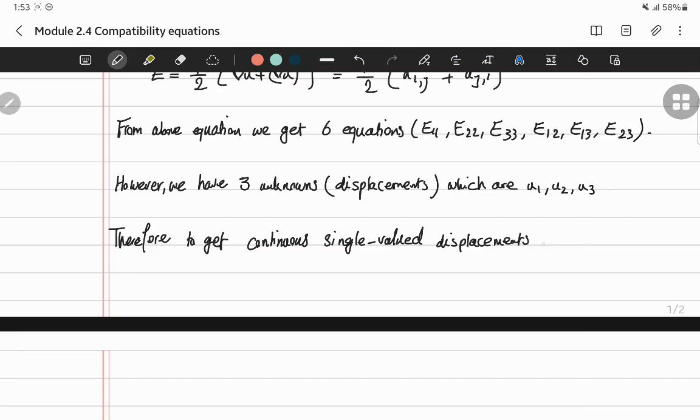displacements, we need to satisfy compatibility equations. These were first found by Saint Venant.